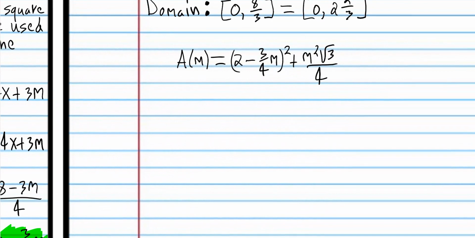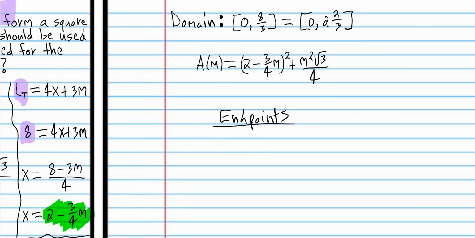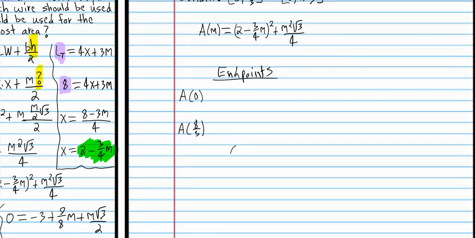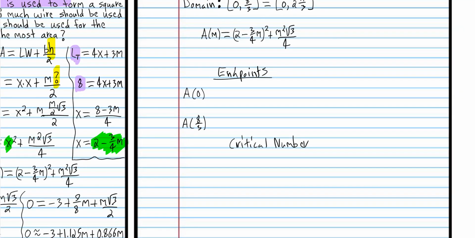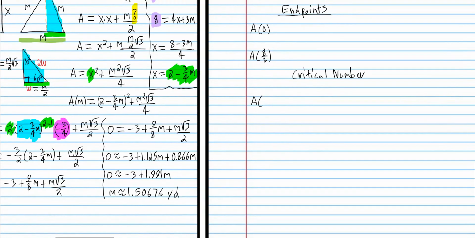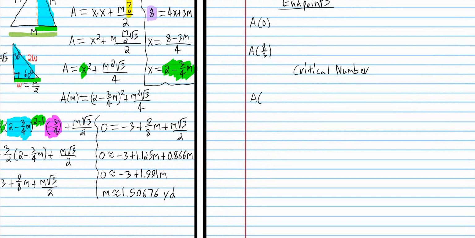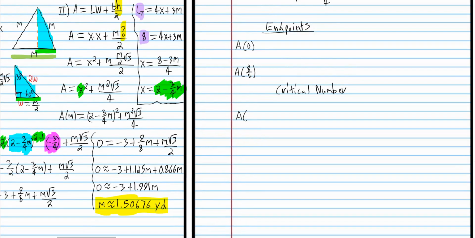We're first going to analyze the function at the endpoints. So A of 0 we're going to find, and we're also going to find A of 8/3. Then we're going to evaluate the function at the critical number. So A of that yellow number down there.